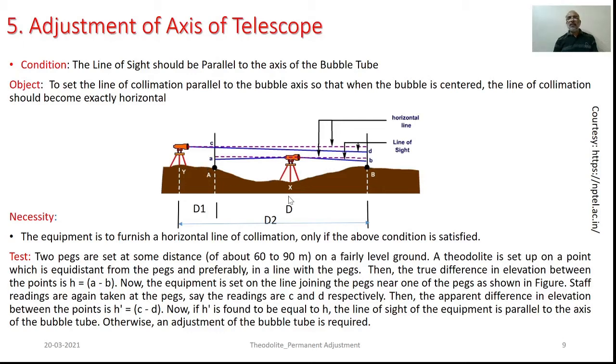The true difference that is worked out as H and the apparent difference that is worked out as H dash should be one and the same in order to say the line of sight is parallel to the axis of the bubble tube. So if this particular H is not equal to H dash, that means we have to perform the adjustment.